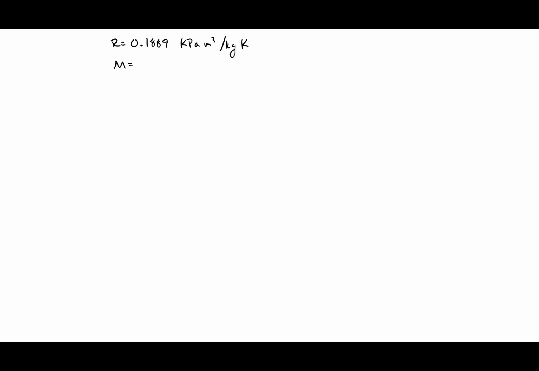The molar mass is 44.01 kilogram per kilomole. The critical temperature is 304.2 Kelvin, and the critical pressure is 7.39 megapascal. These are just values you look up, so you don't need to calculate them.